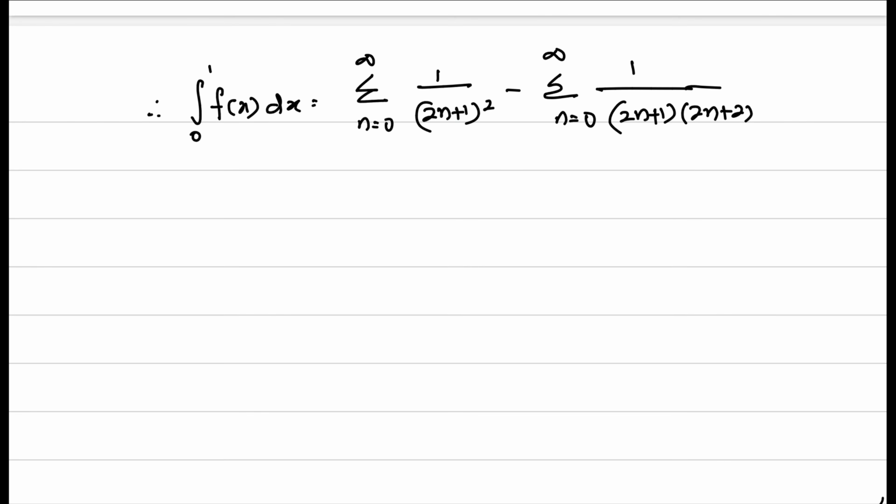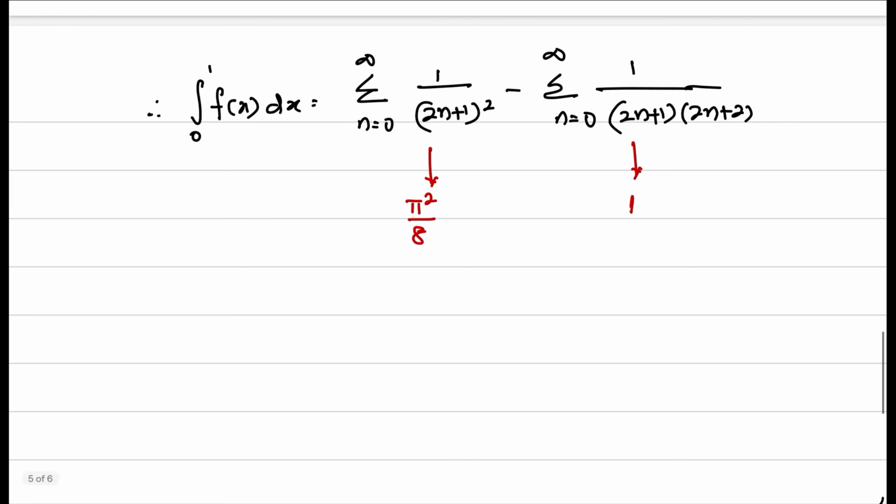We know from my previous lectures that the sum of 1 by 2n plus 1 whole square from 0 to infinity is pi square by 8. Please refer to my previous 2 lectures on functions, sequence and series. These are all standard series which I have already proved, that the sum of 1 by 2n plus 1 whole square is equal to pi square by 8.